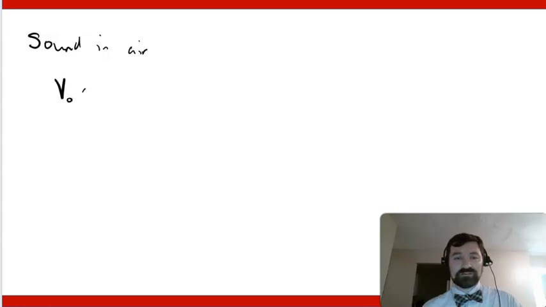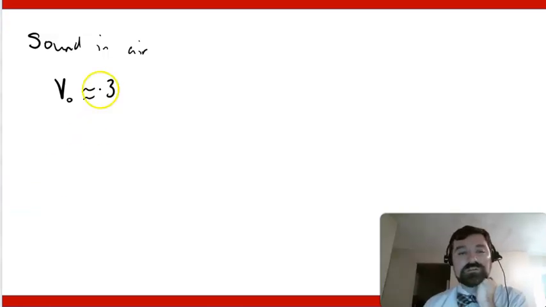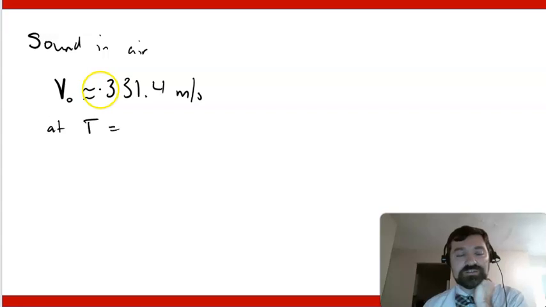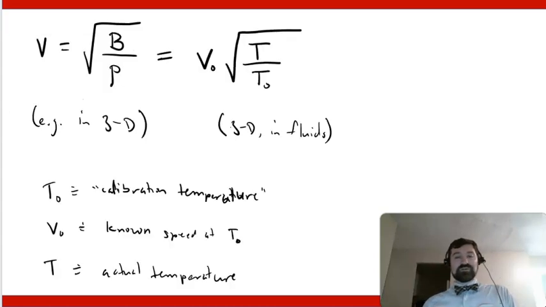For air, sound in air, V naught is approximately given as 331.4 meters per second at T naught equal to 273.15 Kelvin. That's the important thing about this equation.